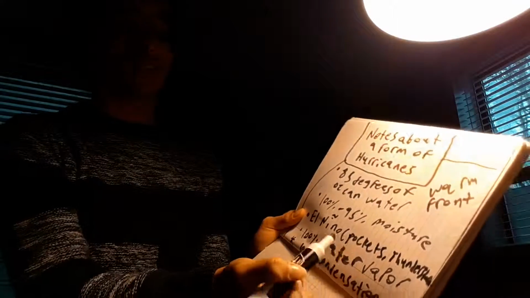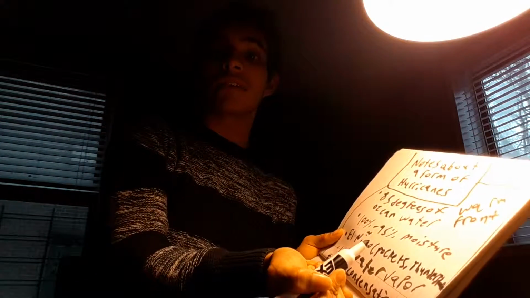So I'm going to put a little comma, pockets, comma, thunderstorm. I don't know if I'm going to have space, but right here it says thunderstorm. I'm not really good at my handwriting, as you can see. Sorry. But you need pockets of rain, torrential rain, and pockets of thunderstorm.